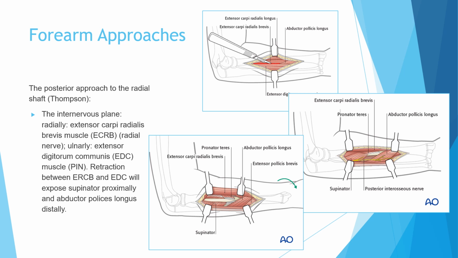So in forearm approach, whether it's Henry or Thompson, if you'd like to release the supinator, or if you'd like to get the posterior interosseous nerve away, you fully supinate, and you will get the supinator muscle from as far medially as you can, and then you retract it laterally or posteriorly to go to where it originates.